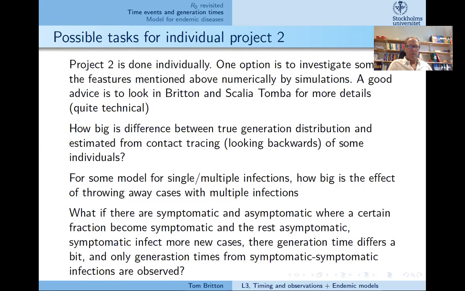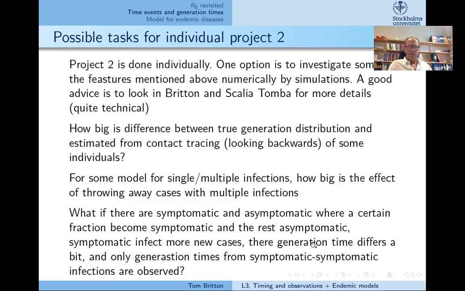Suppose you have symptomatic and asymptomatic cases. So you have a model, you say that with probability P you become symptomatic, with probability 1 minus P you become asymptomatic, and then probably the symptomatic people infect more than the asymptomatic ones.